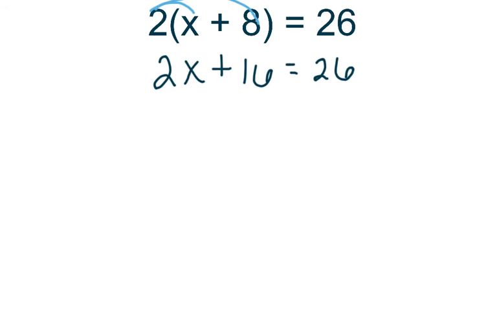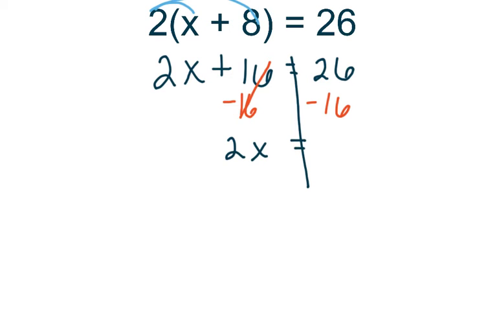So now I'm ready to isolate the variable. I draw the line. I need to get rid of the plus 16. The opposite of adding 16 is subtracting 16. My 16s are now gone. I bring down what's left, which is a 2x.